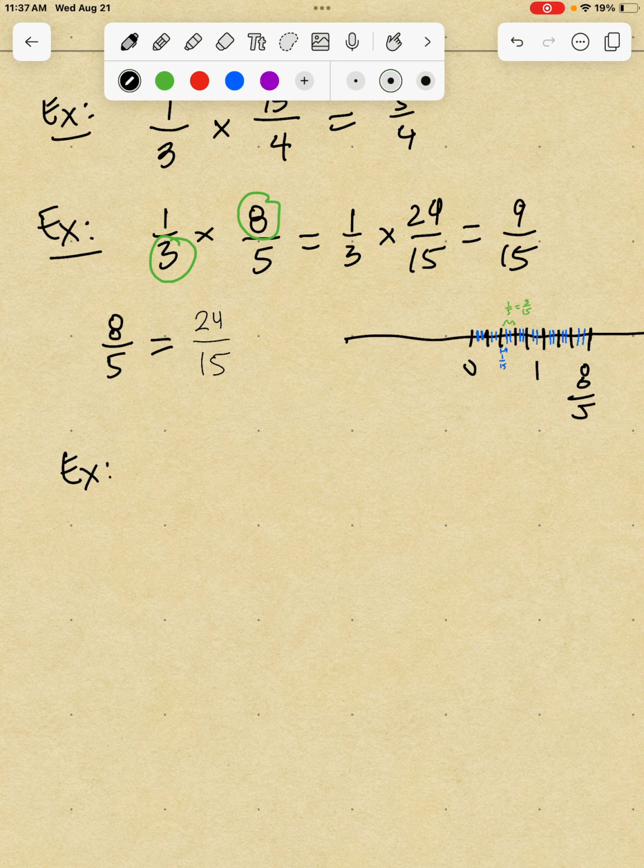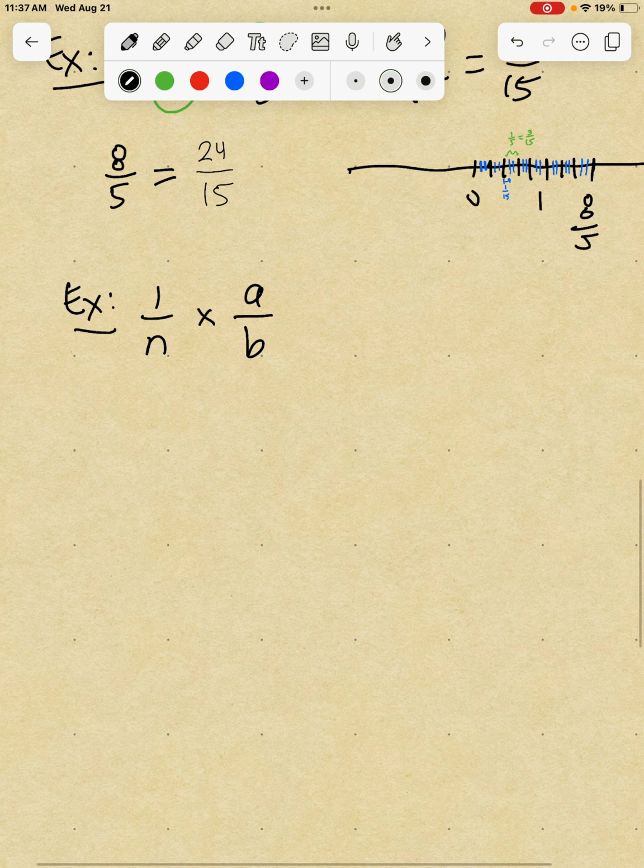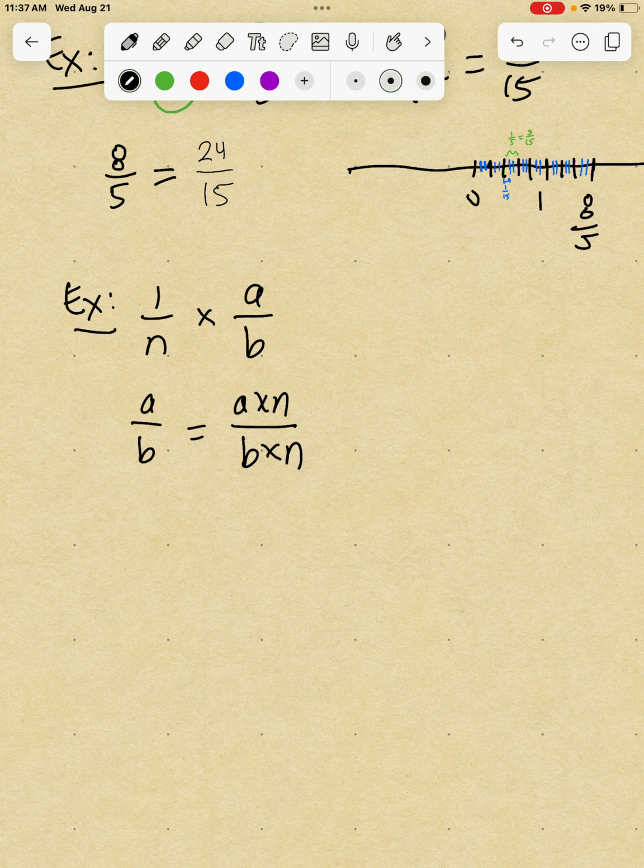And in general, let's say our original number is a over b, and you want to multiply on the left by 1 over n. So what's 1 over n times a over b? And a and b and n are all positive integers. Well, we can represent a over b as a times n over b times n.